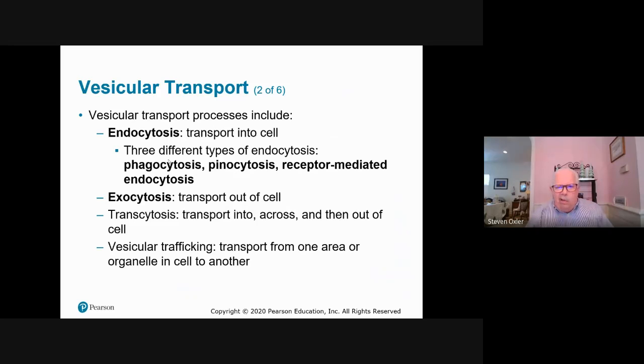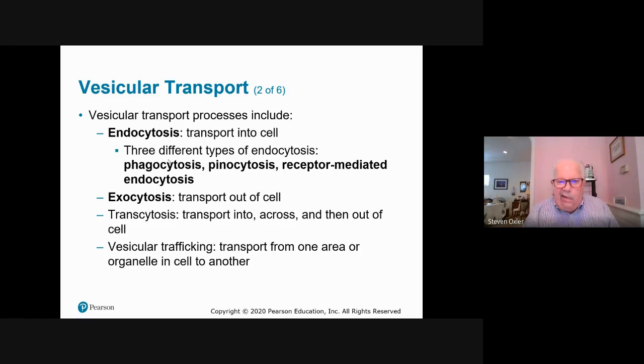There are multiple types of vesicular transport. Endocytosis: endo means within, cytosis means cell, so endocytosis means transport into the cell. And there are 3 types: phagocytosis, pinocytosis, and receptor-mediated endocytosis. We'll talk about 2, phagocytosis and pinocytosis.